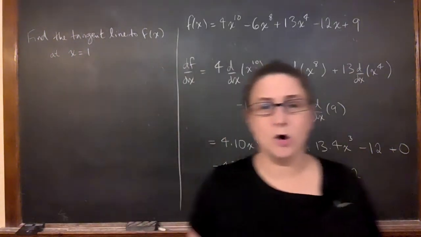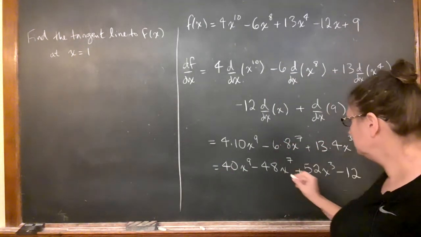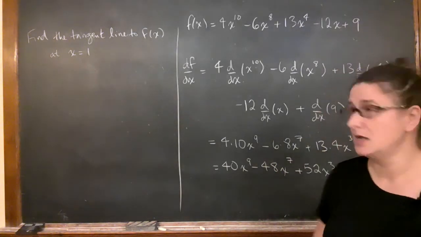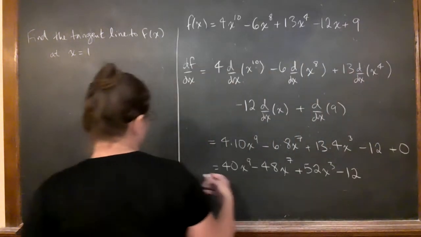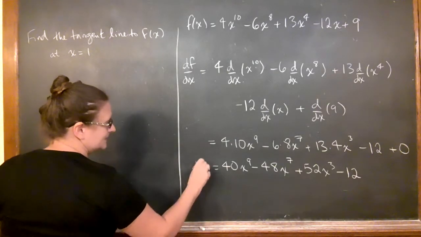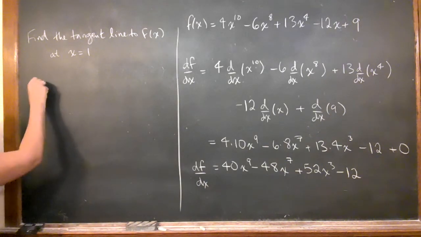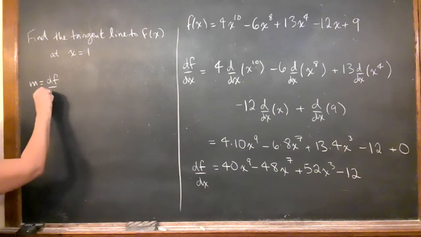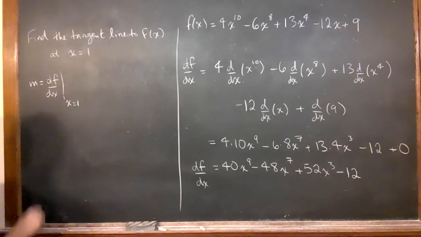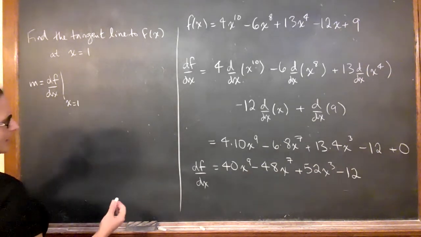Because I know what the derivative is here, so I can figure out what the slope of the tangent line is. I'm just going to put in 1 here. So here's df dx is this thing. Now the slope is going to be df dx since I'm using that notation. So I'm just going to try to stick with that notation for this problem. Oh, you could have changed to f prime, doesn't matter.